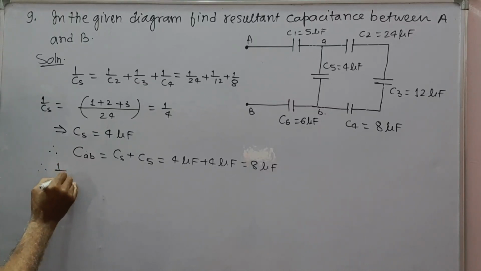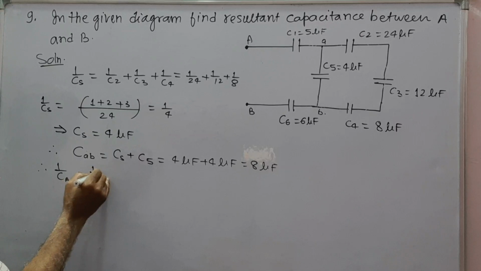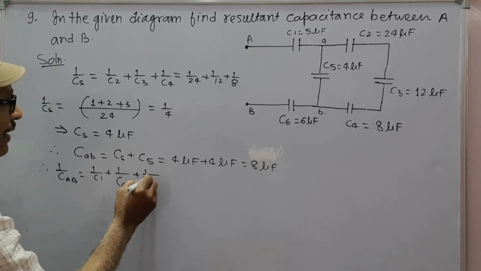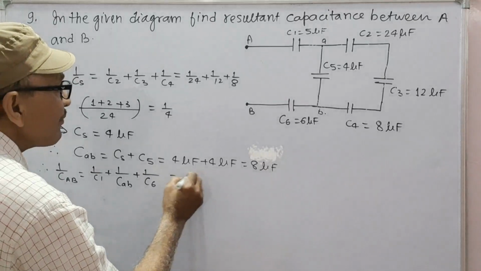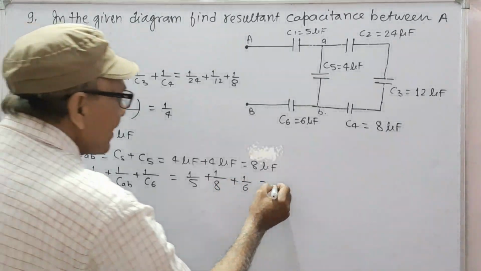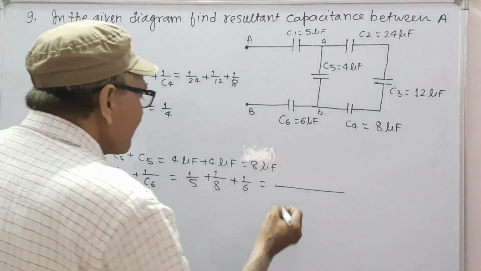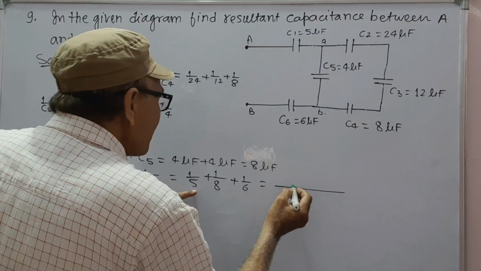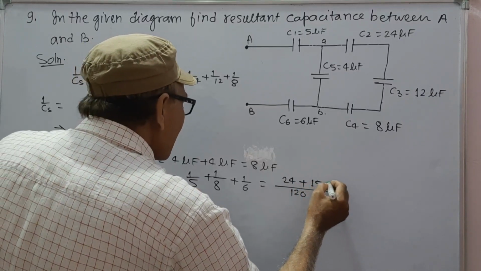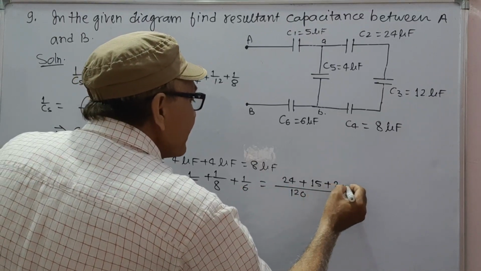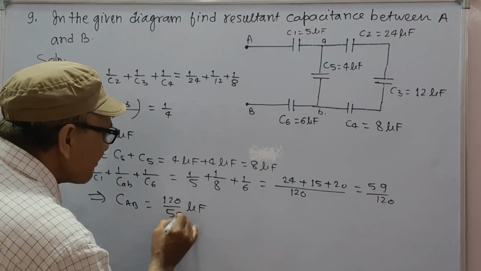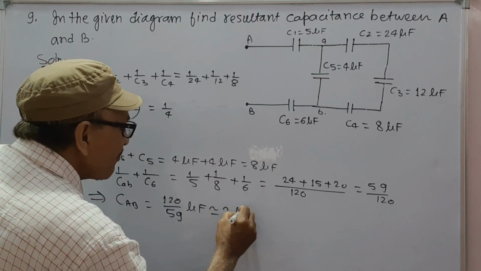Therefore, 1 upon C between A and B will be equal to 1 upon C1 plus 1 upon CAB plus 1 upon C6, that is 1 upon 5 plus 1 upon 8 plus 1 upon 6, which gives LCM as 120. 24 plus 15 plus 20, which is 59 upon 120, so C is 120 upon 59, which is nearly 2 microfarad.